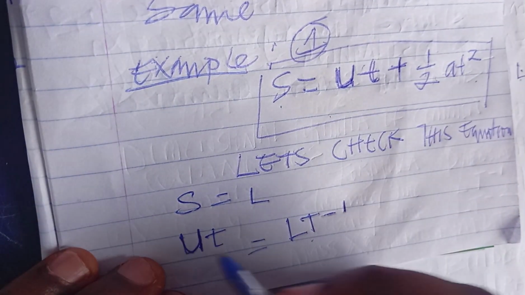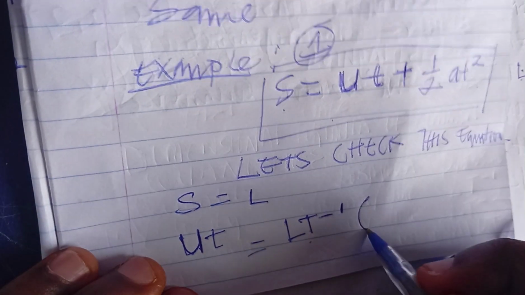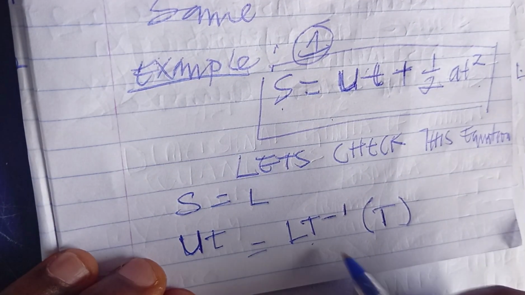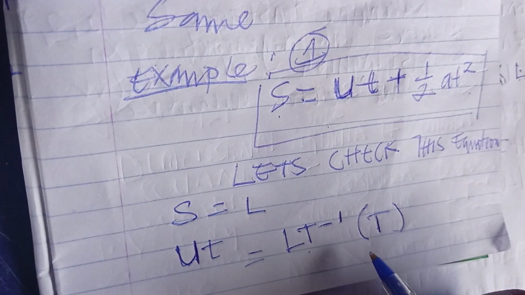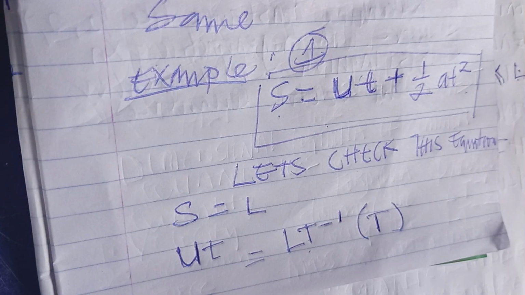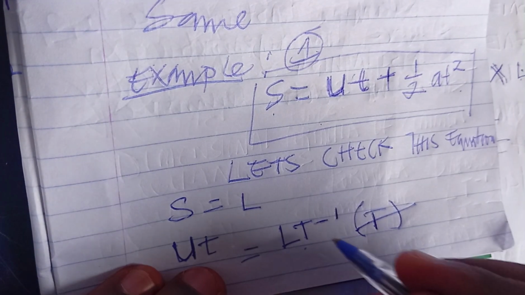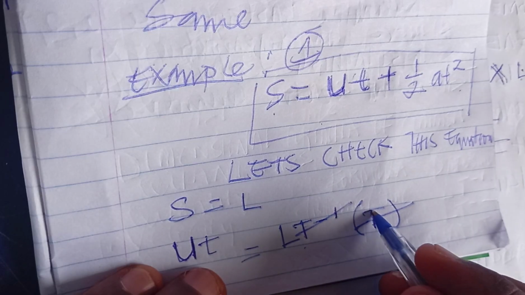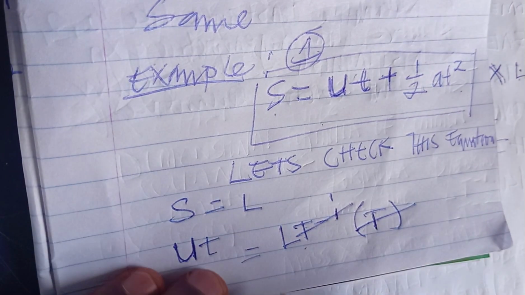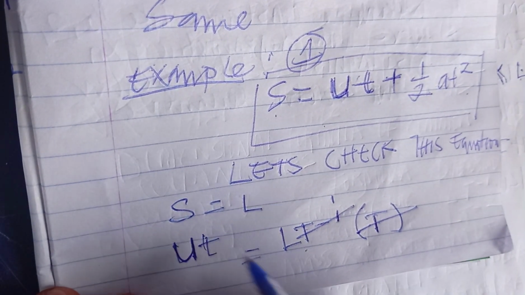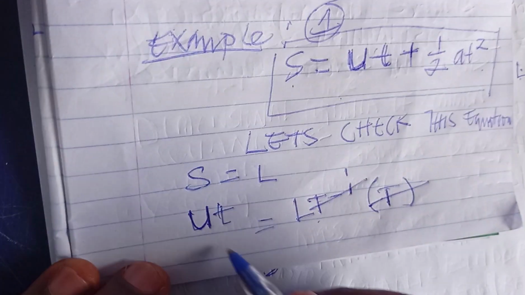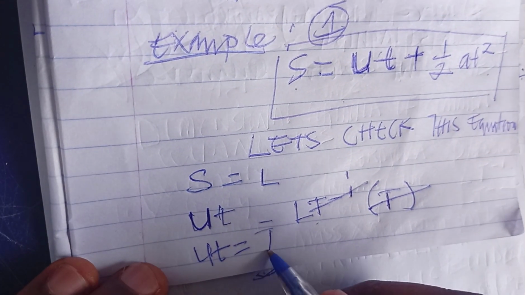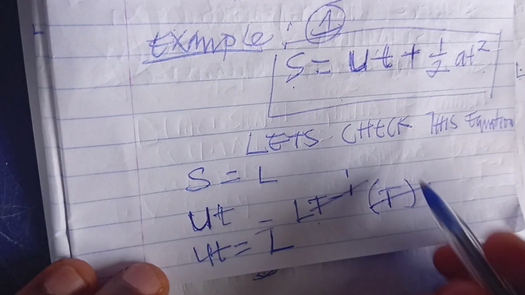Good. Then this is time, T, right? Good. So when you cancel this out, T^-1 times T is T^0, which is 1. So that means UT remains L. UT is still L.